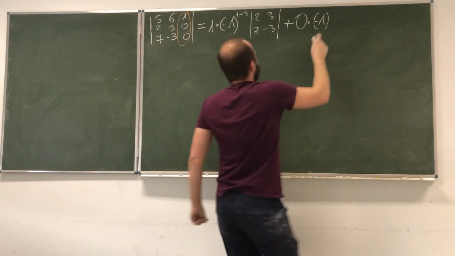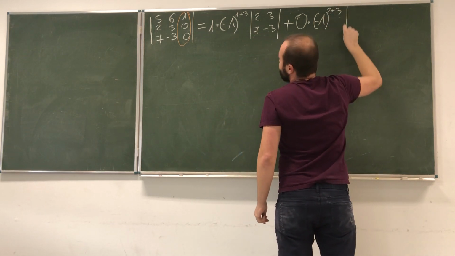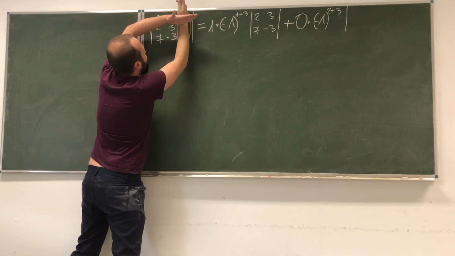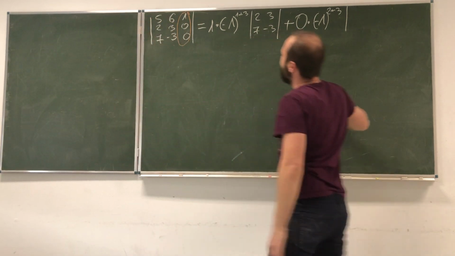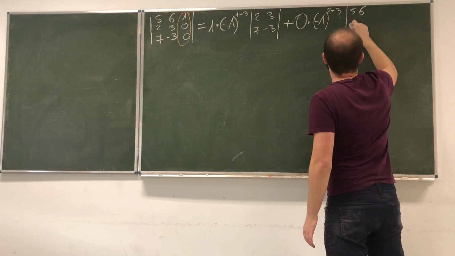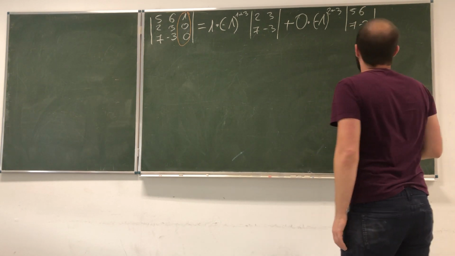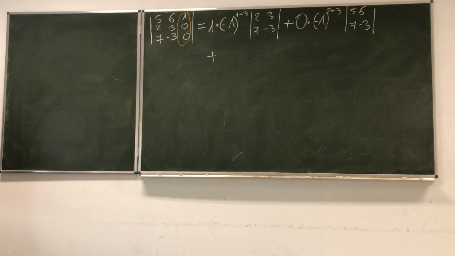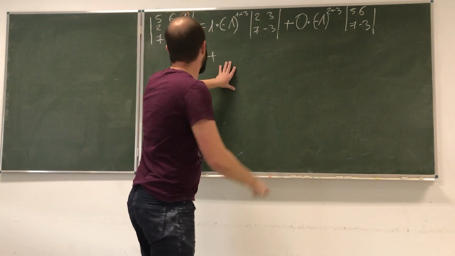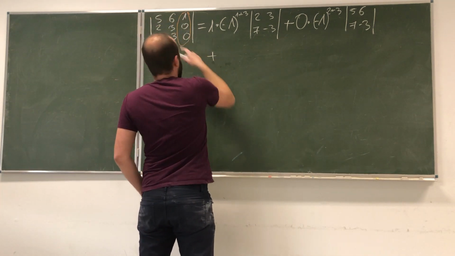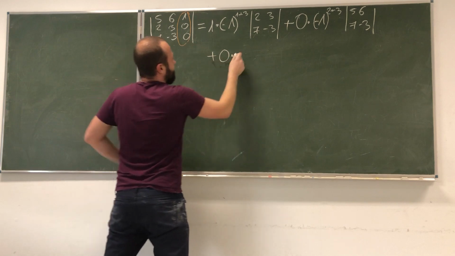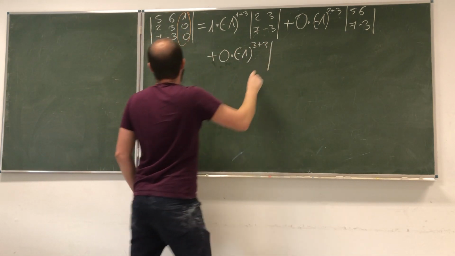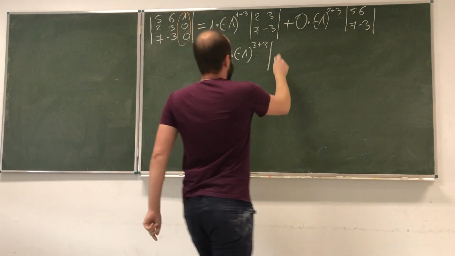Second row, third column, and times what we have left if we delete second row, third column, so 5, 6, 7, negative 3. Okay, and then plus, we have, again, 0, now times negative 1 to the power, third row, third column, and times the minor, 5, 6, 2, 3.